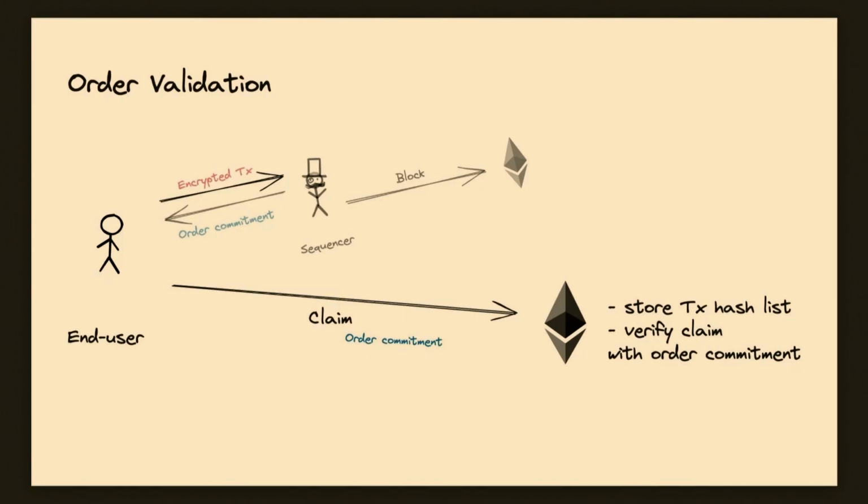If they find out that it's broken, they can make a claim to the smart contract on layer 1. So it works trustlessly because the claim is verified in a smart contract. So there's nothing that a sequencer can do about it. So if this claim is successful, this sequencer is going to be slashed.